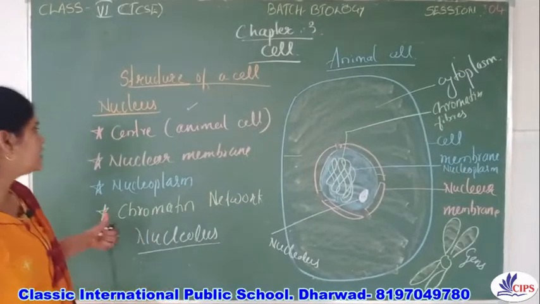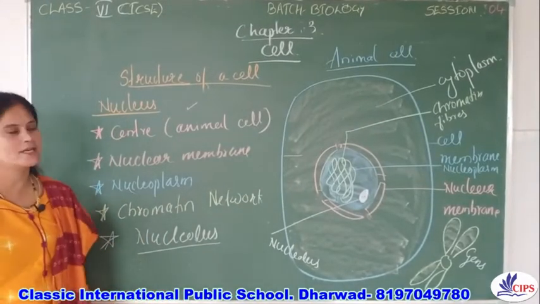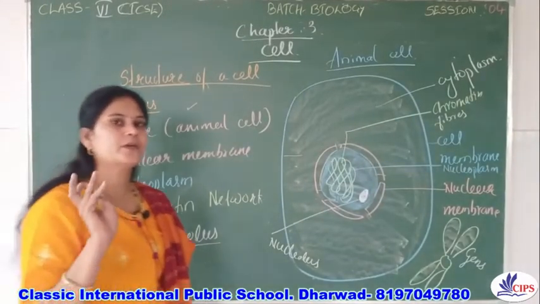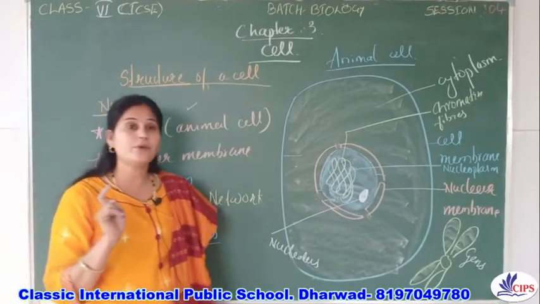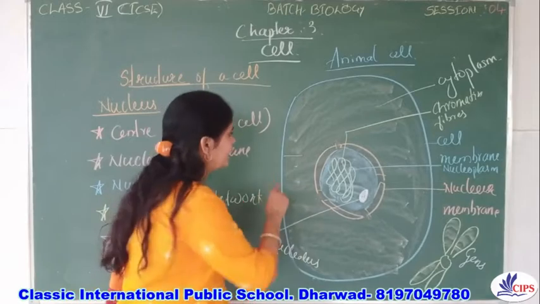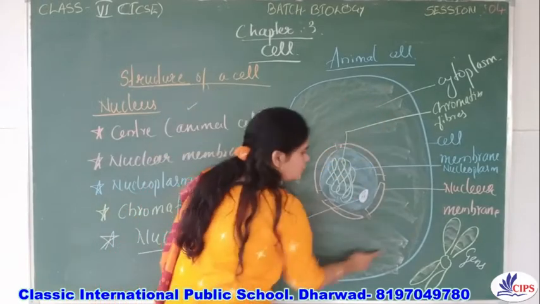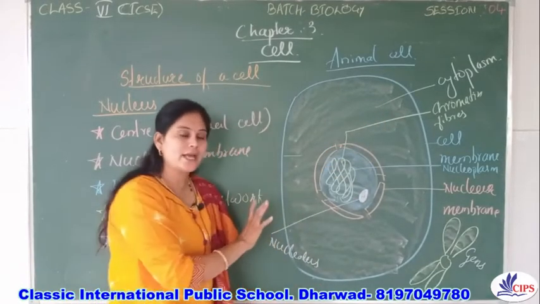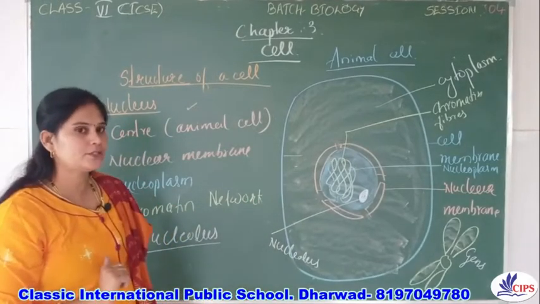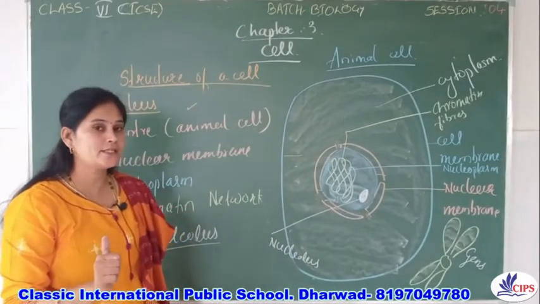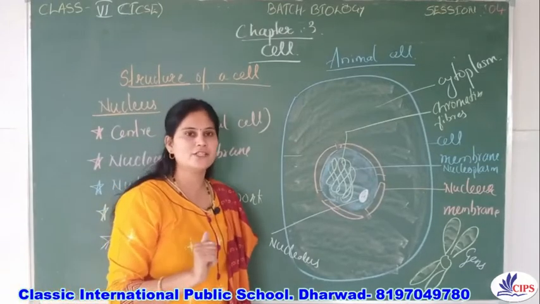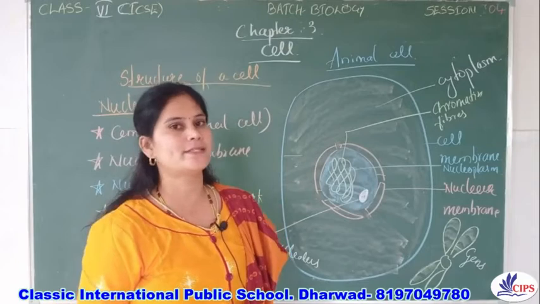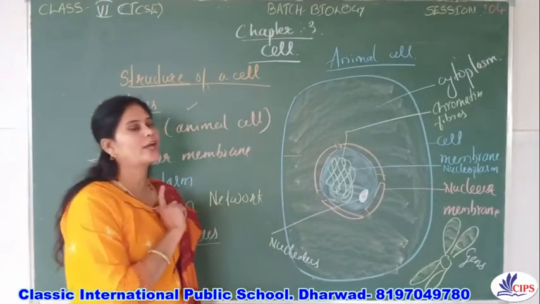So these are the parts of the cell: cytoplasm, then cell membrane and the nucleus. Now, you might remember I told that in the cytoplasm, what is present? Yes, cell organelles. These living structures which are present in the cytoplasm are called cell organelles.